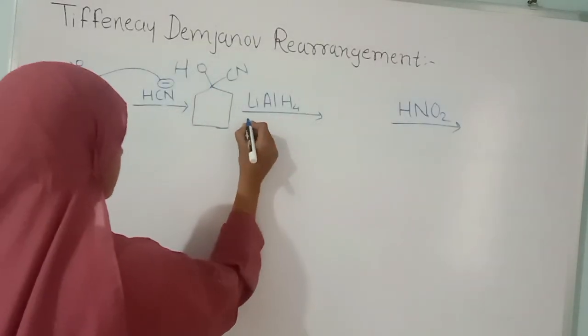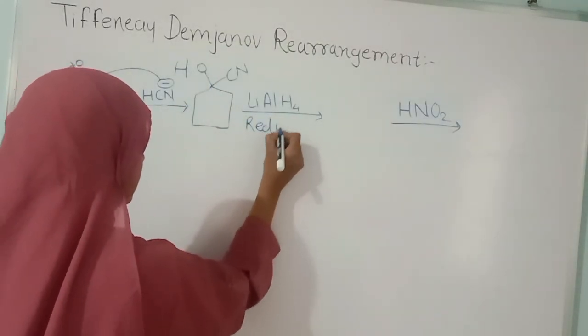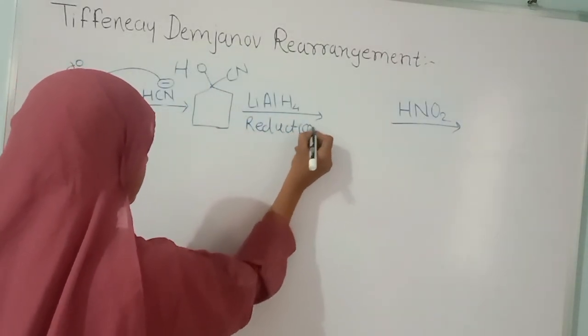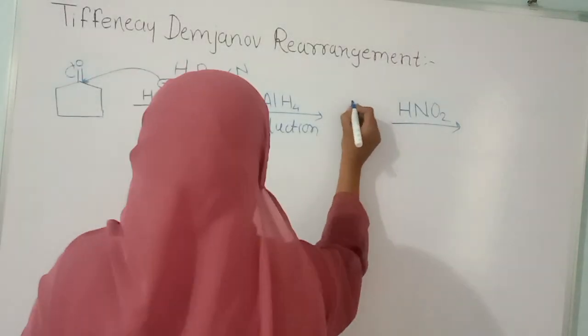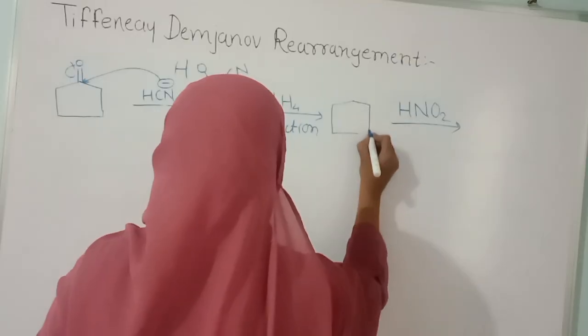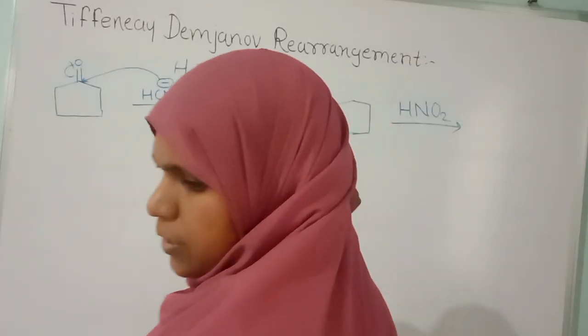After the reduction, what will happen? Sometimes this question is given for a short note, or sometimes this type of example is given. After the reduction, your cyano group is reduced. Then what will it give?